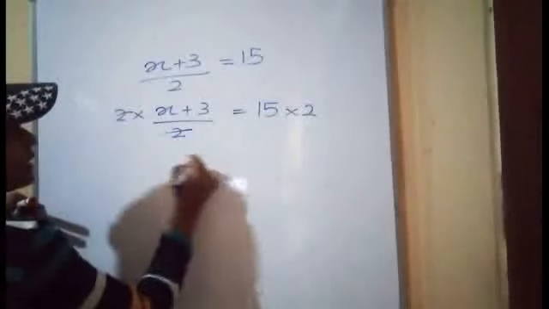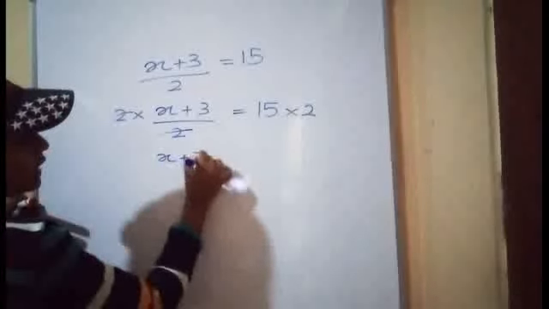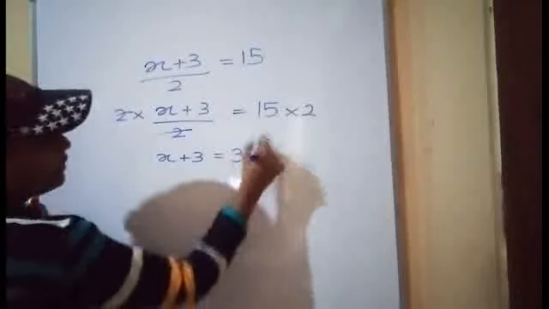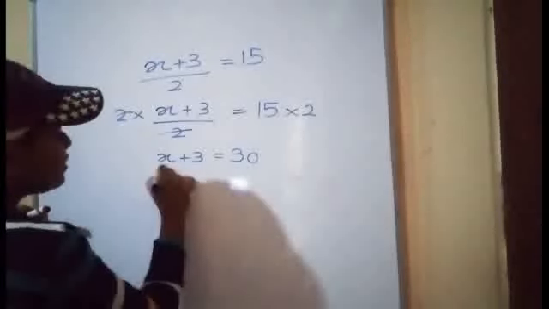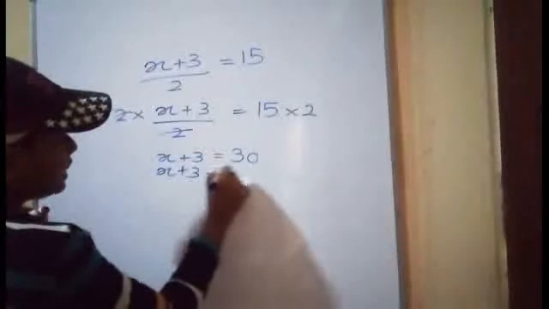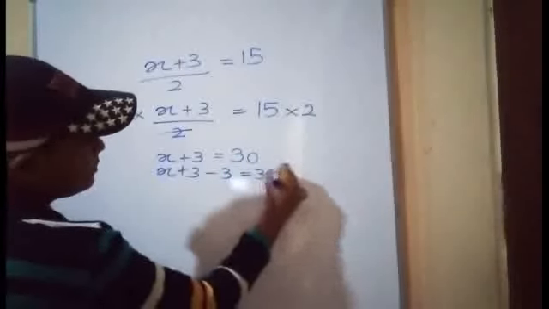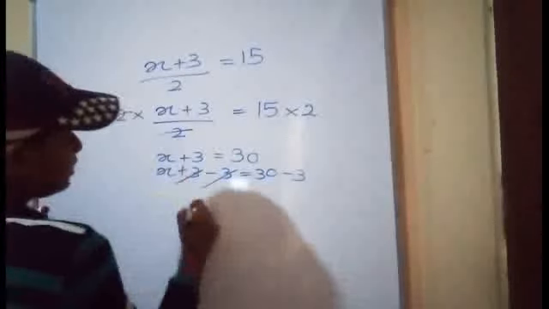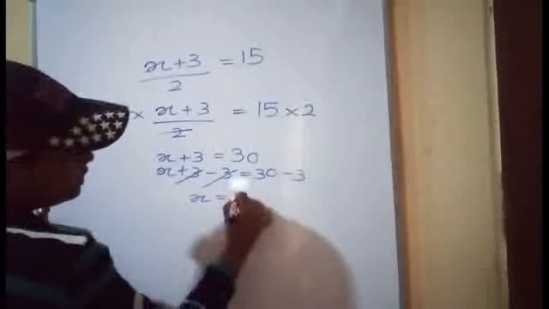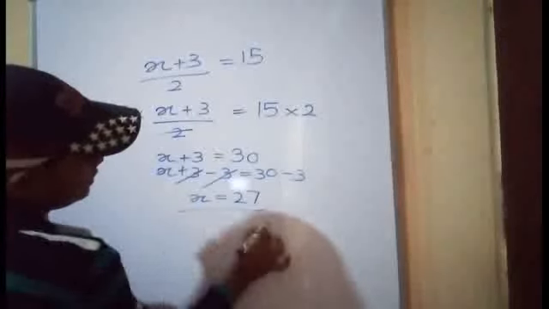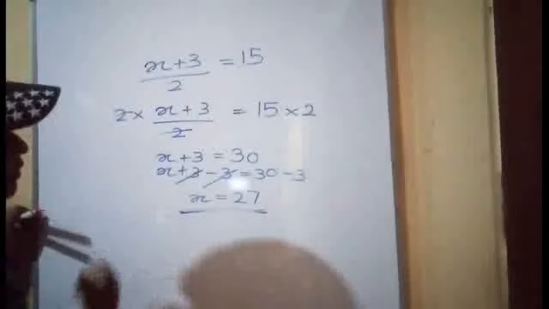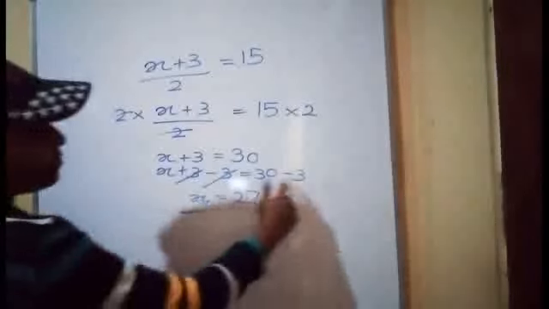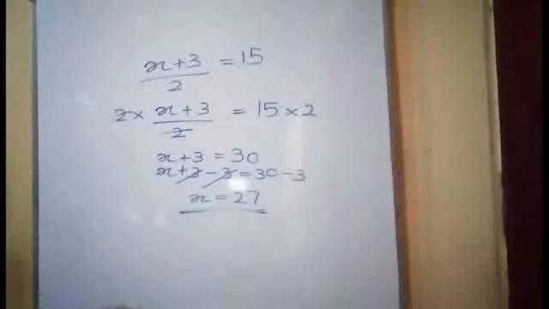Remove this, and now we have x plus 3 equal 30. 15 times 2 is 30. Now we have a linear equation, so we can subtract both sides by 3. Cut it down. Now x is 27. 30 subtract 3 is 27.